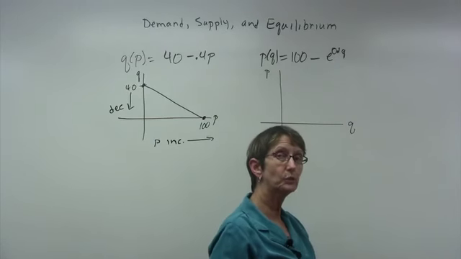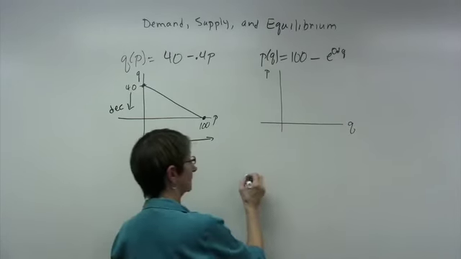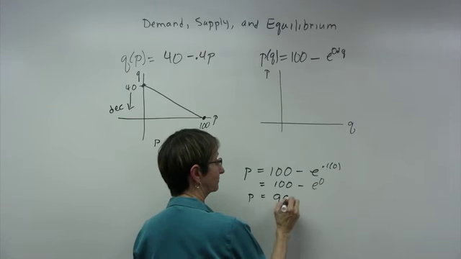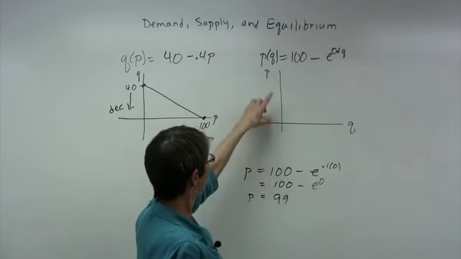E to the 0 is 1. That means that the price is 99. So if I have 0, I go up to, we'll call that 99.